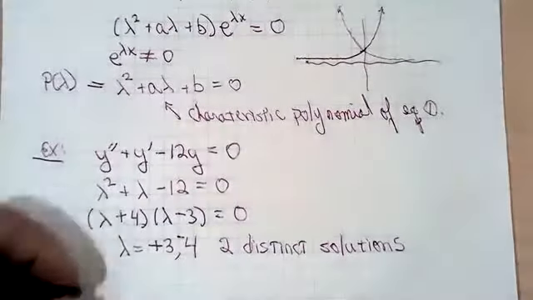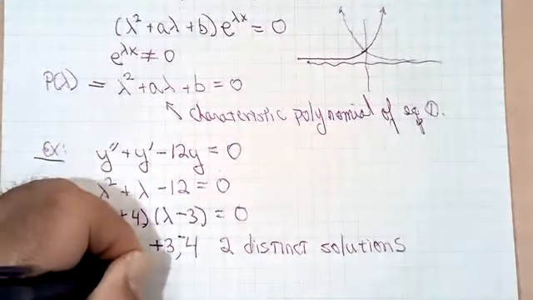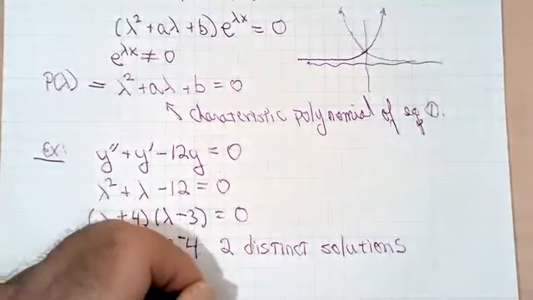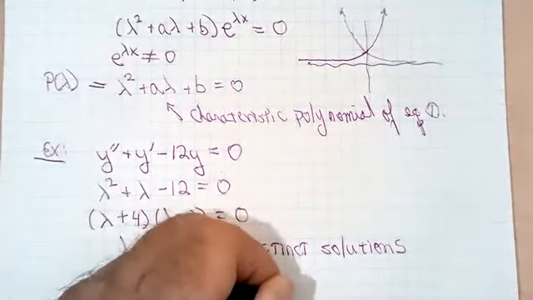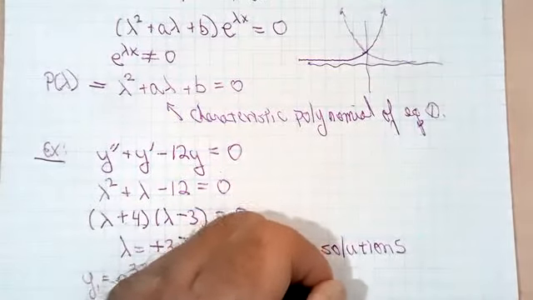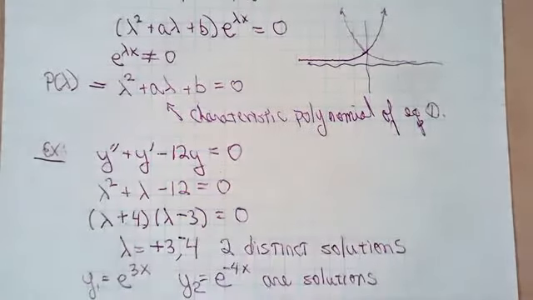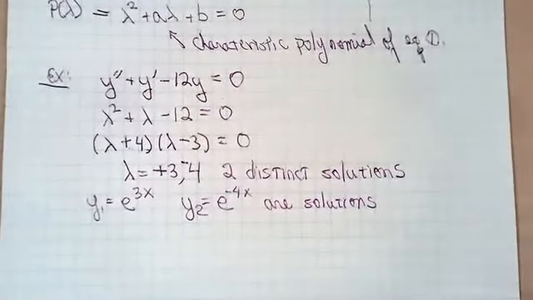It looks like y1 equals e to the 3x, and y2 equals e to the minus 4x are solutions.